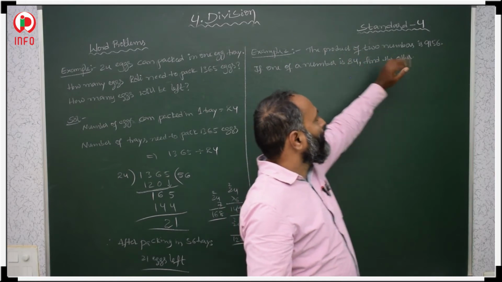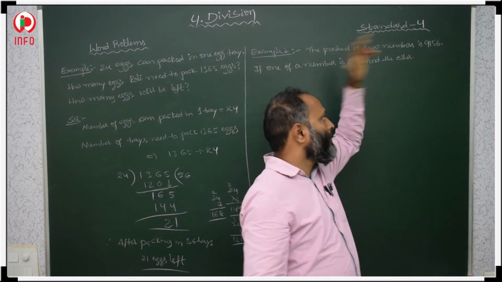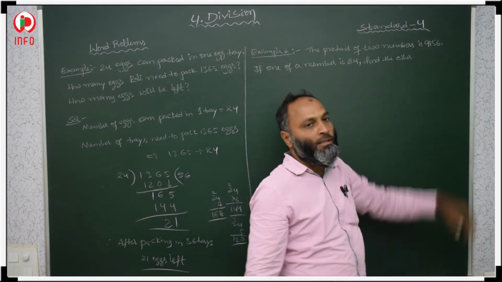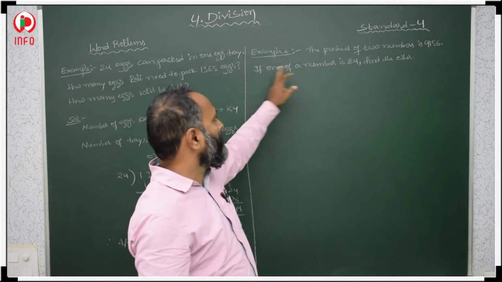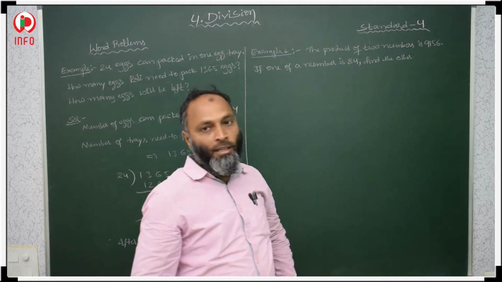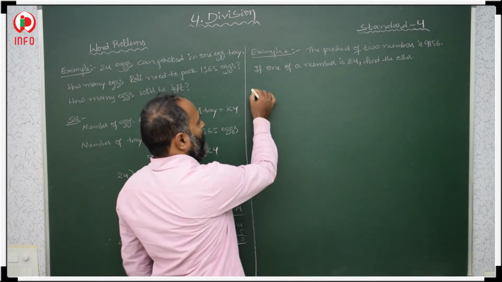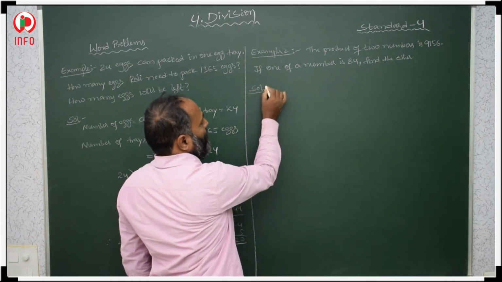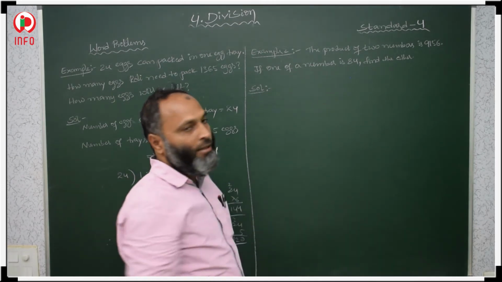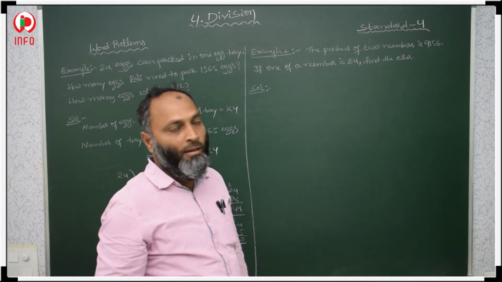The product of two numbers is given as 9156. One of the numbers is given as 84. Find the other number. Here, to find the other number, we have to divide the product by the one number that is given.